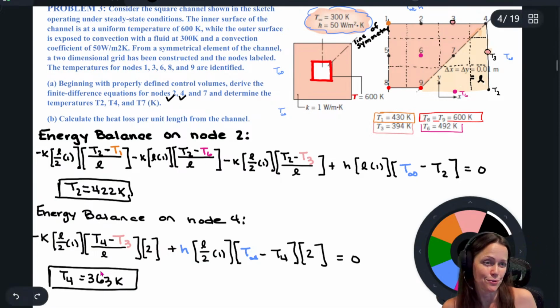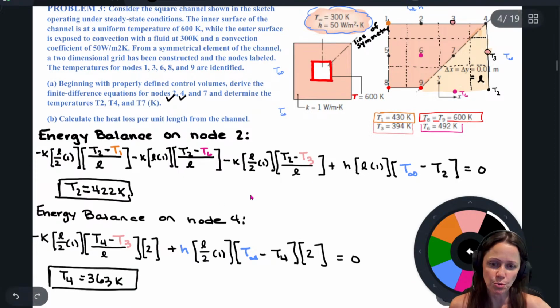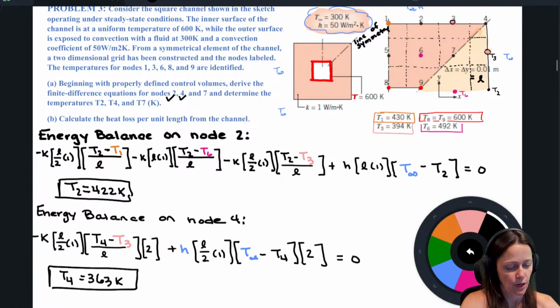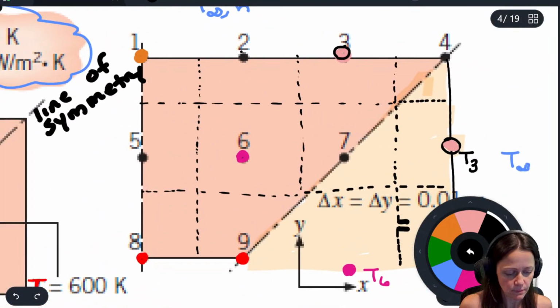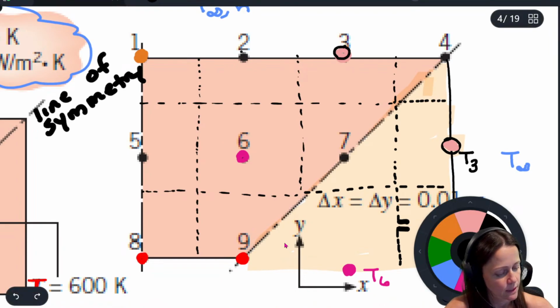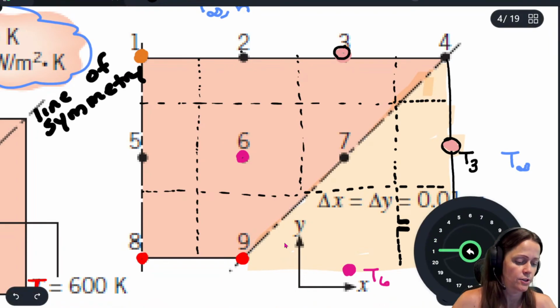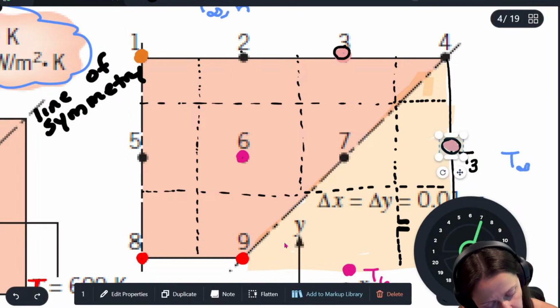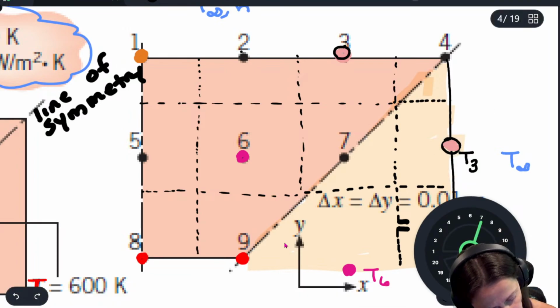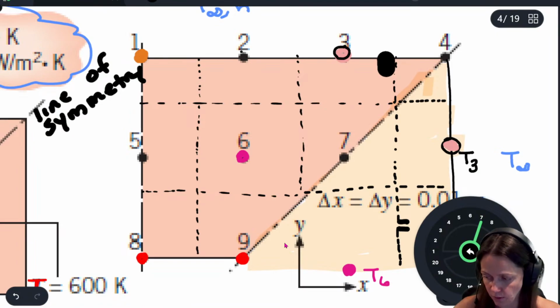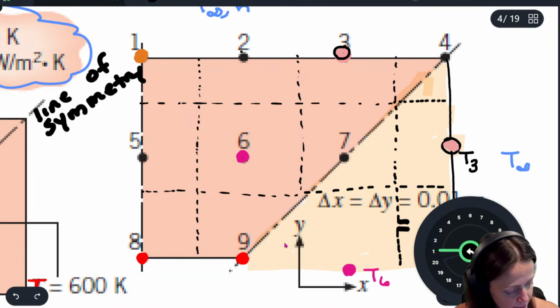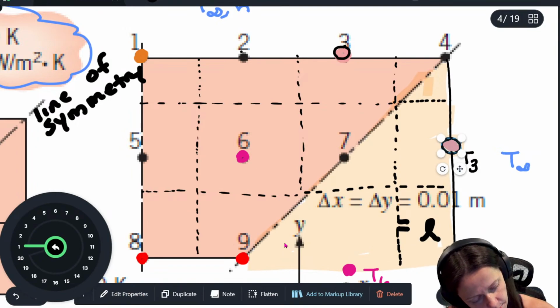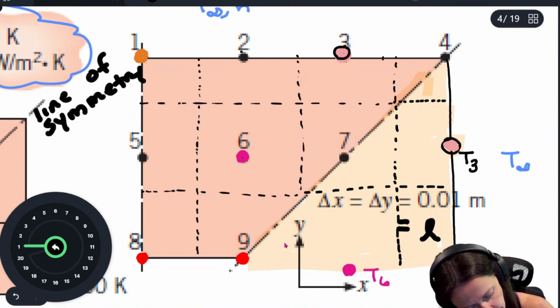You can see now that I've sort of extended. Could you please briefly explain half area versus full? Yes. All right, so I'm going to zoom in here. So the node that we just did, this distance right here is L over 2.